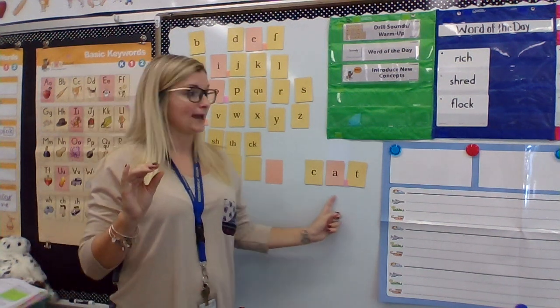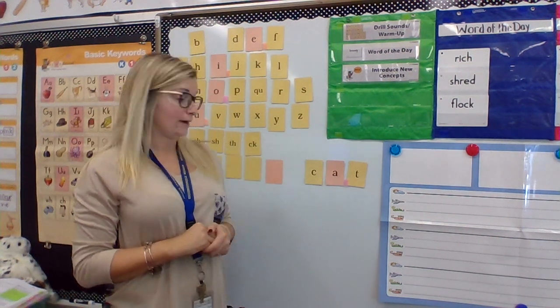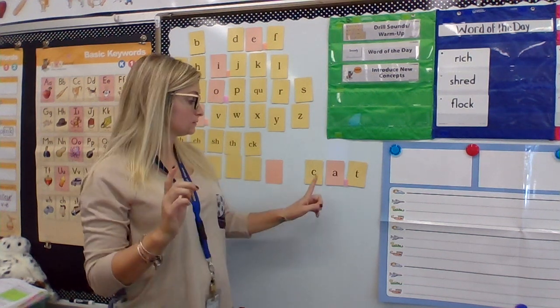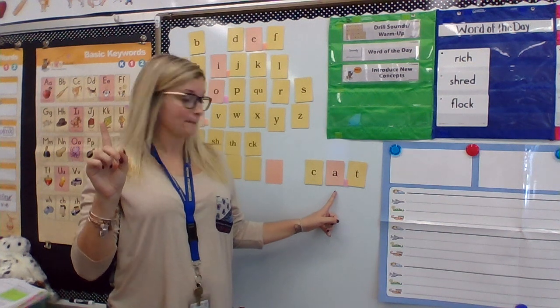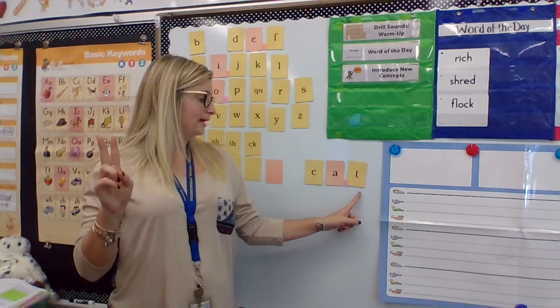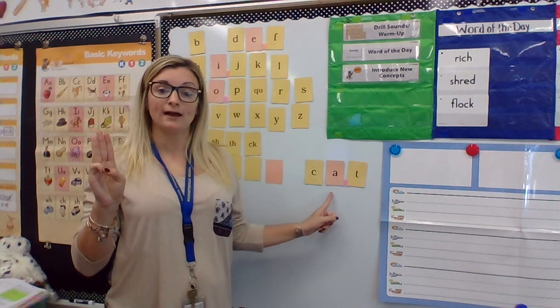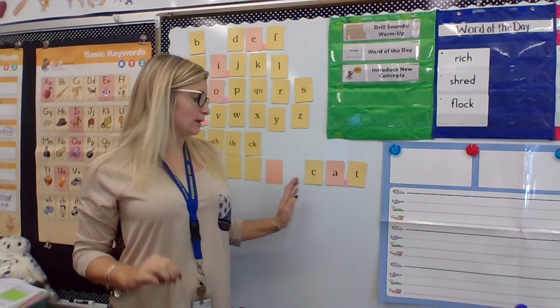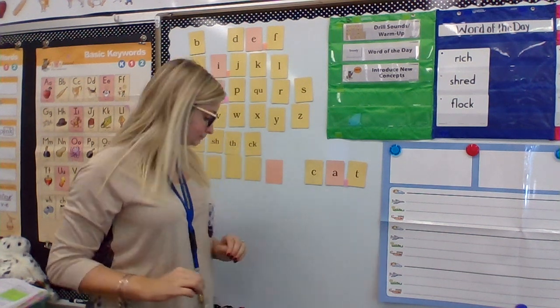K-at, cat. All right, now let's first check and make sure that they follow the rules. So first, one vowel. Yep. Two, followed by a consonant. Yep. And three, it is a short vowel, which means it makes that ah sound. Yes. So I know this is a closed syllable.